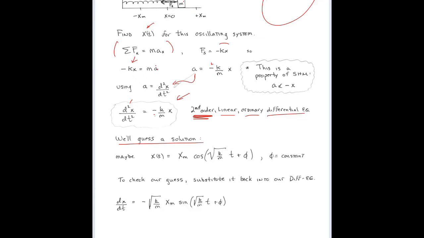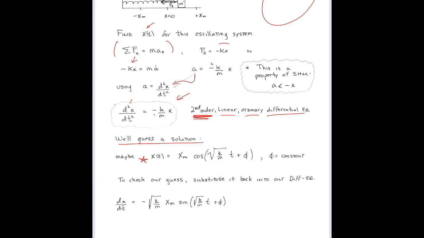How many functions do you know that you can take two derivatives and you get the function back? Well, sines and cosines. Take a derivative of sine, you get a cosine, take a derivative of cosine, you get a minus sine, so you went from sine to cosine back to sine with a minus sign. If you start with cosine, go from cosine to sine back to cosine. There's a minus sign in there, but the function still looks the same. So we're going to guess this out of thin air.